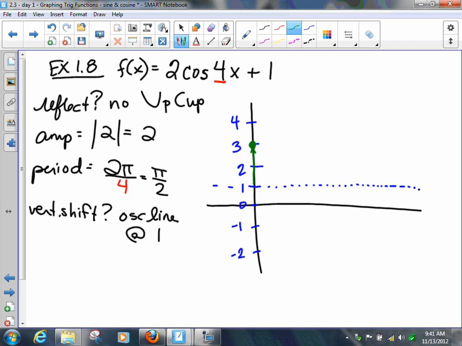That means if it's an up cup, an up cup and a down cup, the other side of my curve will be up here at 3, won't it? Where will my minimum be? Because you have to go 2 below. So it'll be in the middle. Very good. Megan, go ahead with your question.